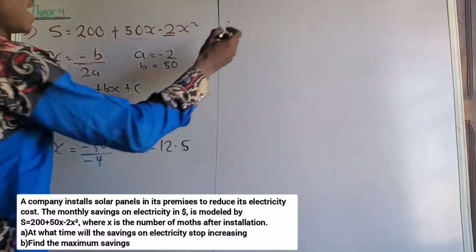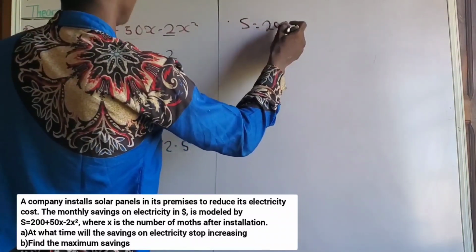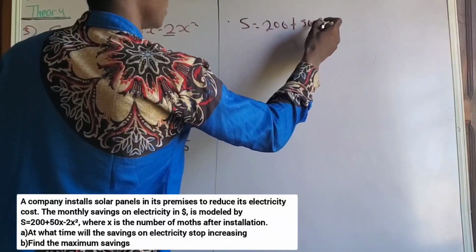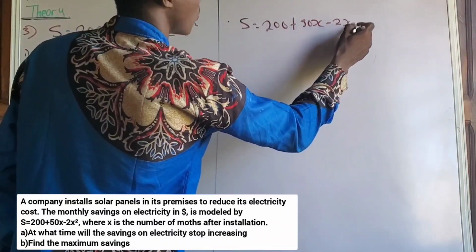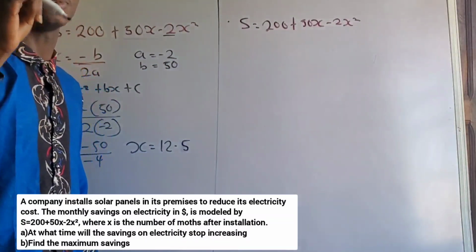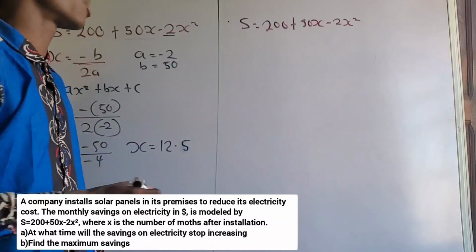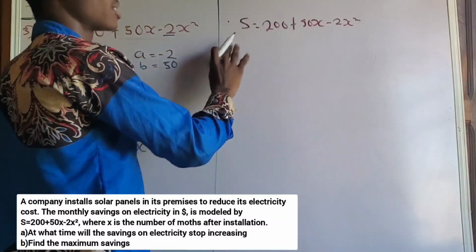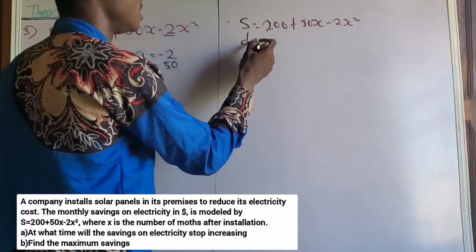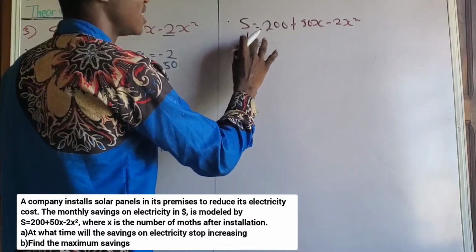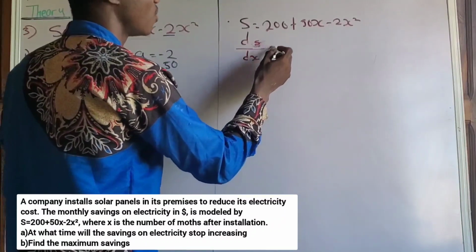So we are given that S equals 200 plus 50x minus 2x squared. At the stationary point, the first derivative of the function is equal to 0. So to find the stationary point of this function, I'm going to have dS over dx.